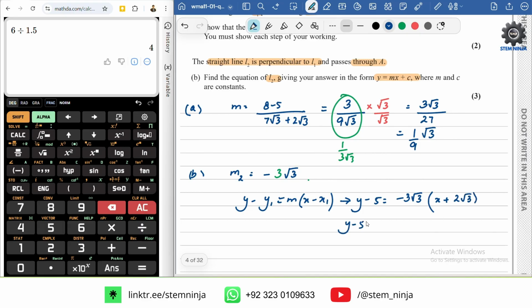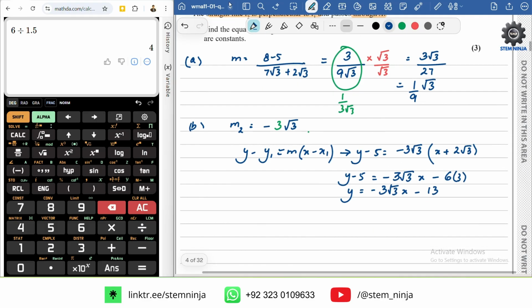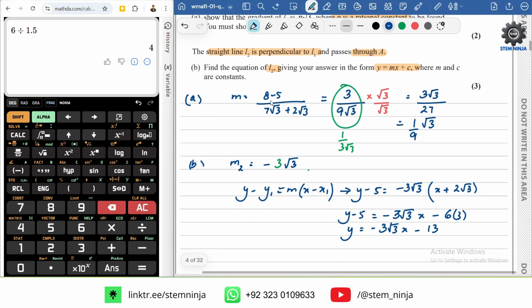So y minus 5 equals minus 3 root 3 x minus 6 times 3, 18, plus 5. So you get y equals minus 3 root 3 x minus 13. And that's about it for this question. Let's move on to the next one.